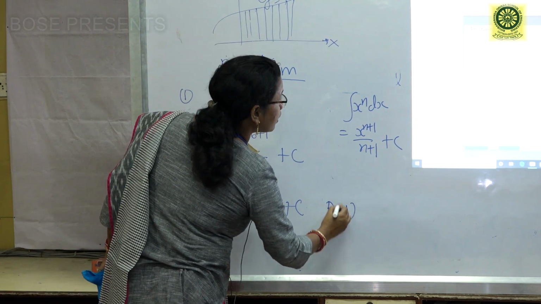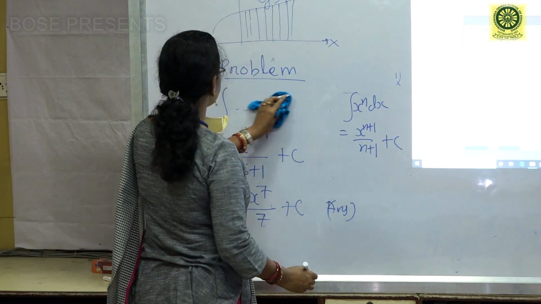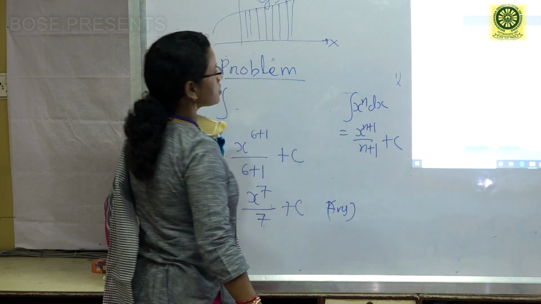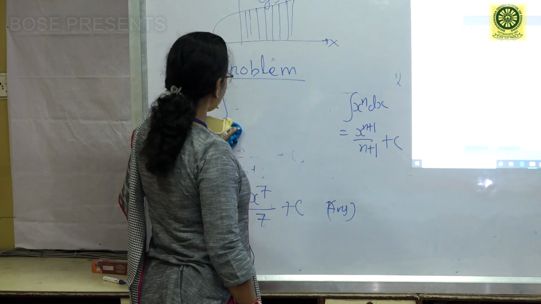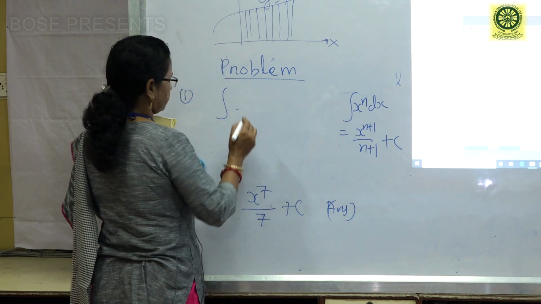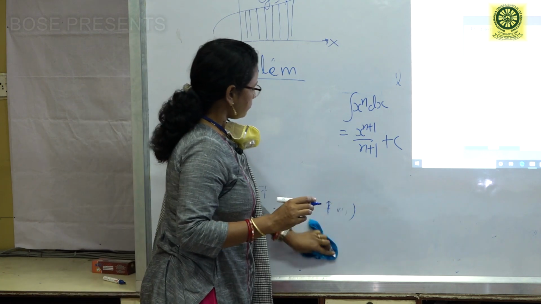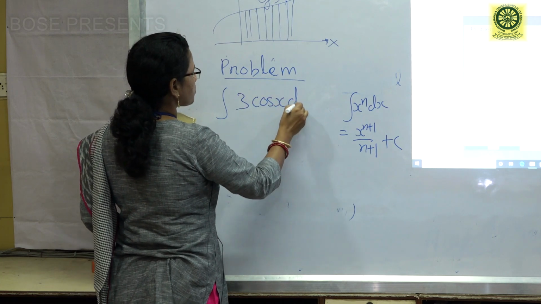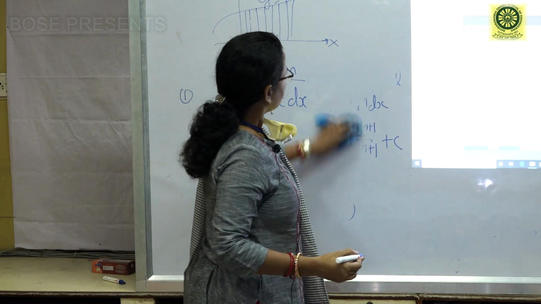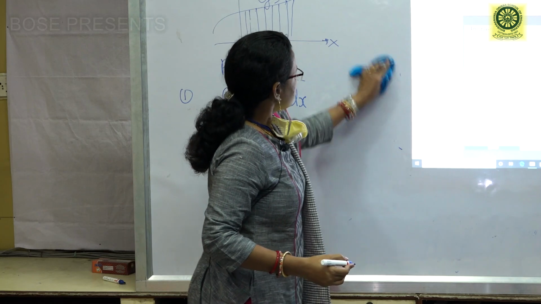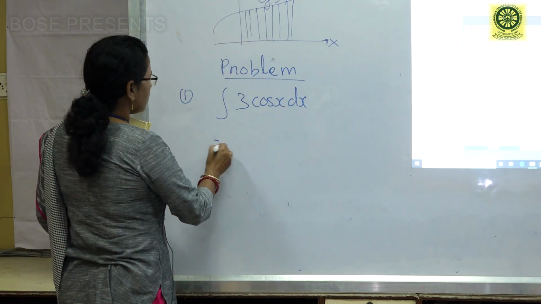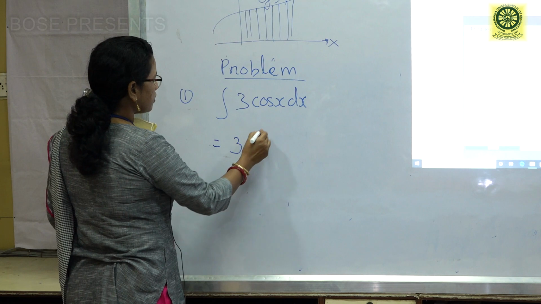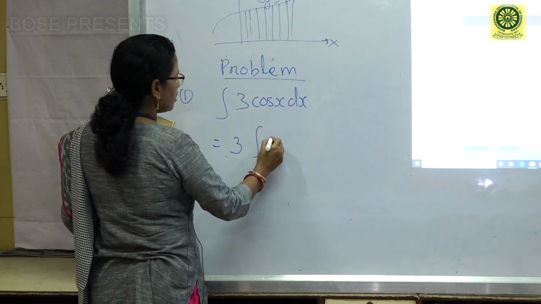Then our second one is the integral of 3 cos x with respect to x. Here, by using the algebra of integrals, we can just take 3 out of the integral.